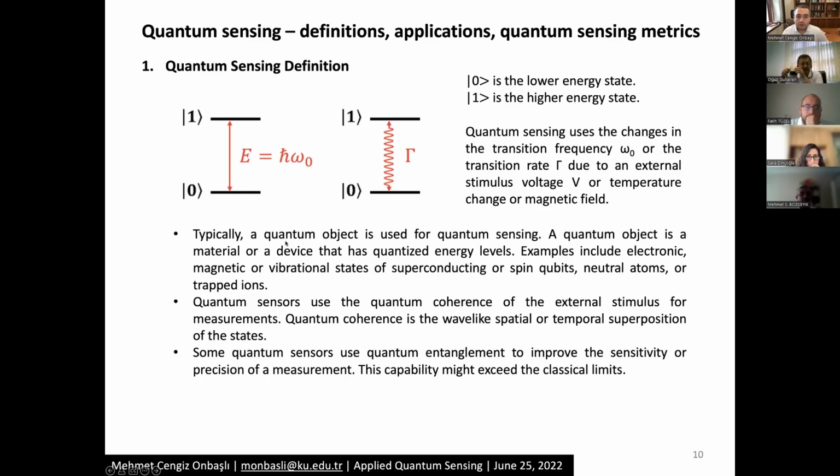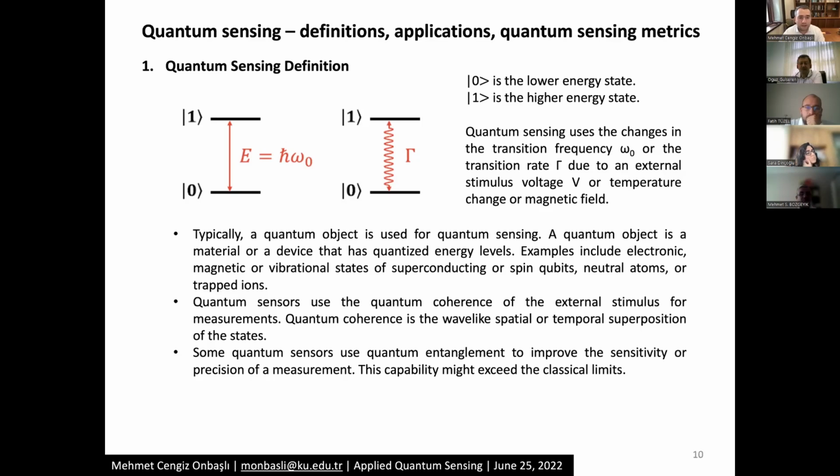So typically we want to use a quantum object. It can be either a material or a device that has quantized energy levels. And we are looking at, in this case, either electronic, magnetic, or vibrational states of superconductors or spin qubits, neutral atoms, trapped ions, or other forms of photonic qubits.